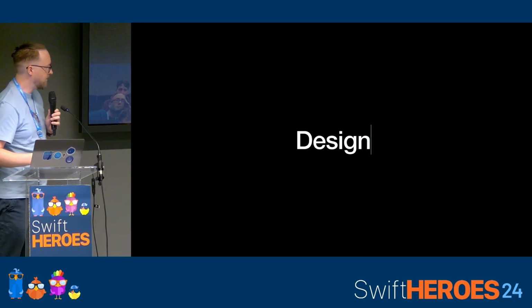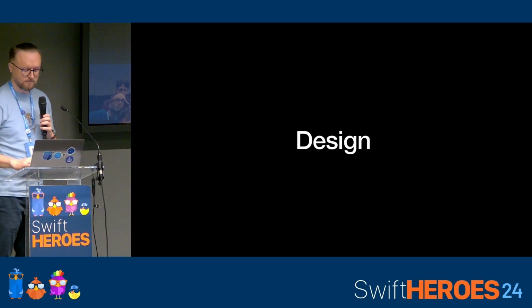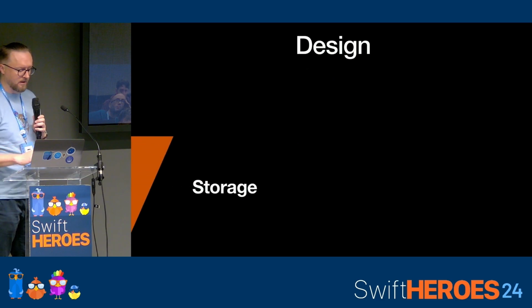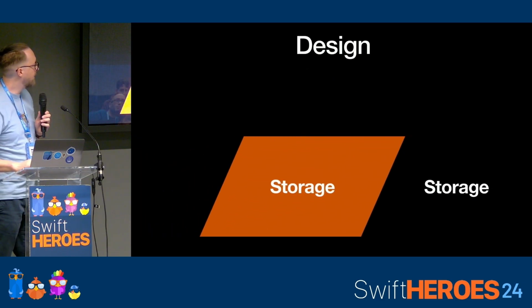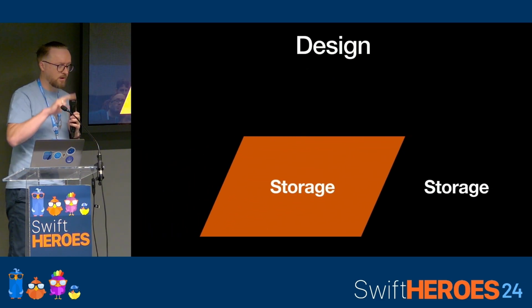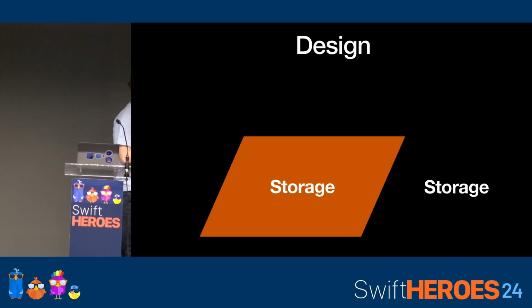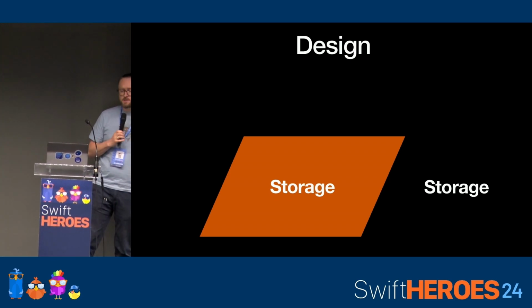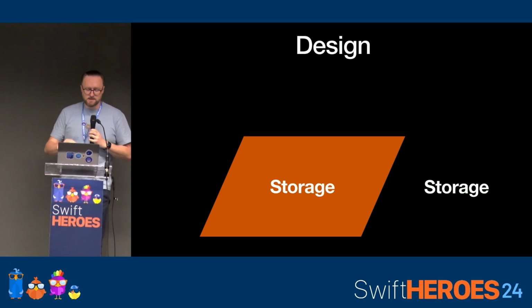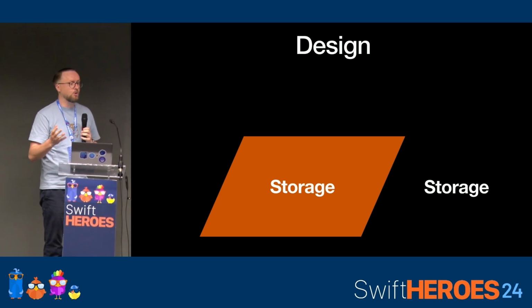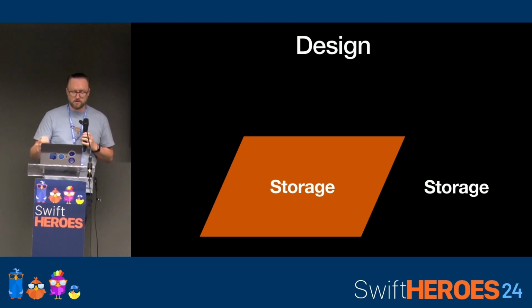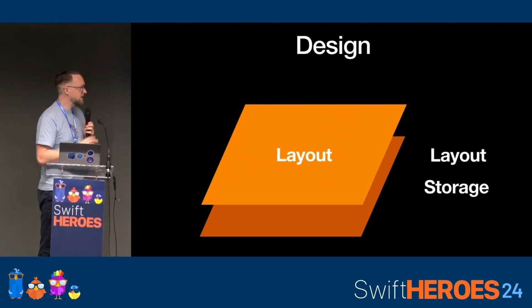Okay, let's talk about the API itself. The design of the API consists of 3 layers. It's very good. So one is the storage. The storage is the model, the data, the text, whatever you want. Then there's layout.